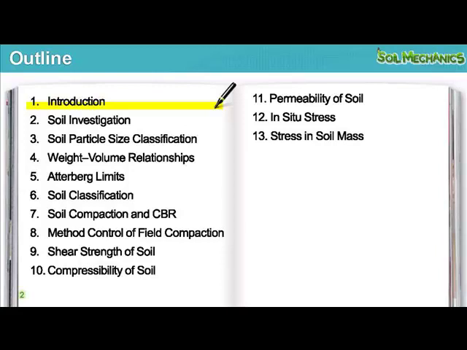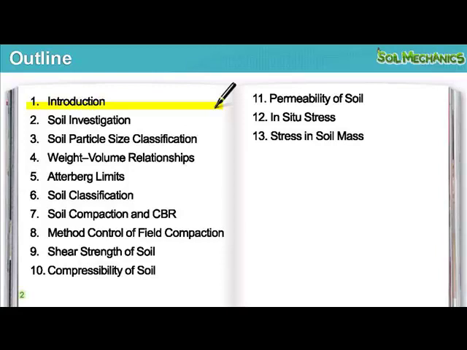So in chapter 10, we will learn about compressibility of soil when we apply load, the coefficient of compression when we are loading, and coefficient of swelling when we are unloading. I will go into more detail on each subject later.